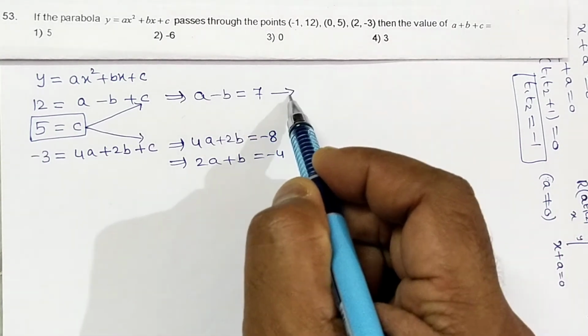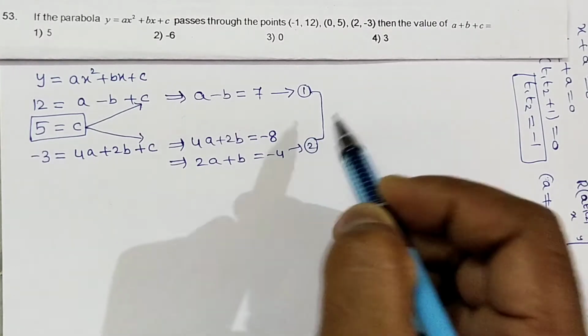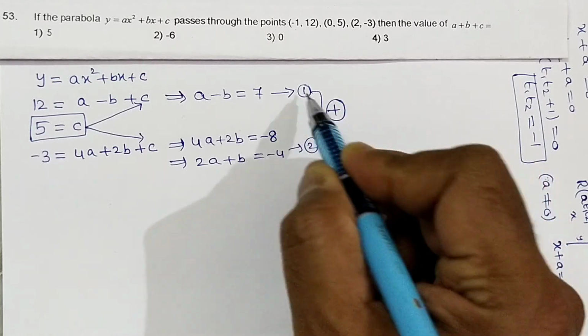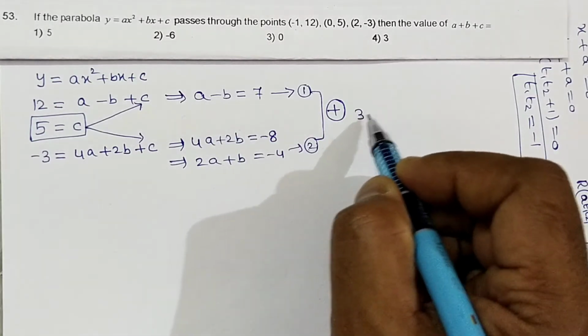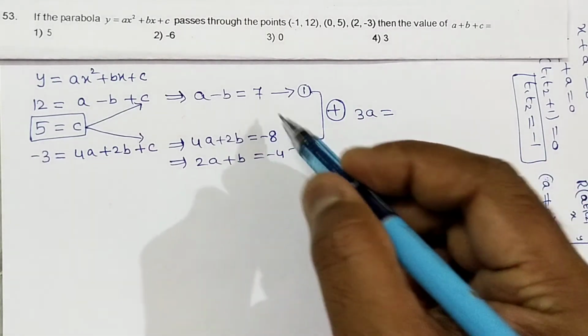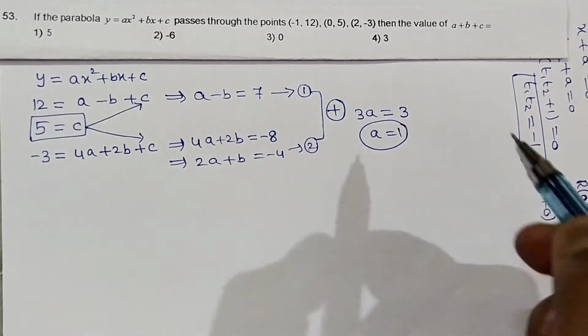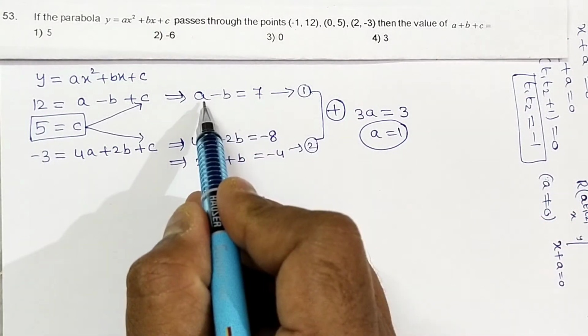Solving equation 1 and equation 2, we add both equations. b minus b get cancelled. a plus 2a is 3a, equal to 7 minus 4, which is 3. So a is equal to 1. Substitute a equal to 1 in equation 1.